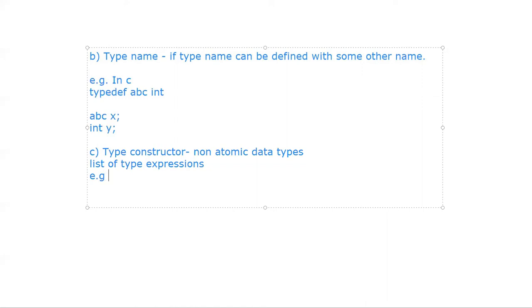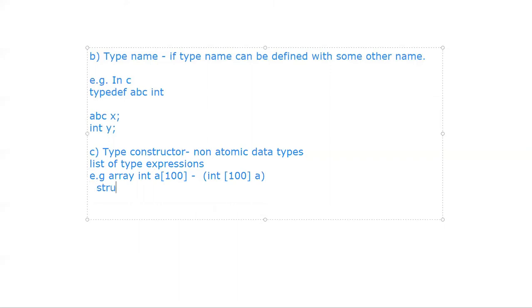Example, array. Suppose I have defined integer a[100]. What is the meaning of that? You have declared 100 integers with the name a. So actually, how will we define this internally? Integer, how many? 100, and the representation of this is a.